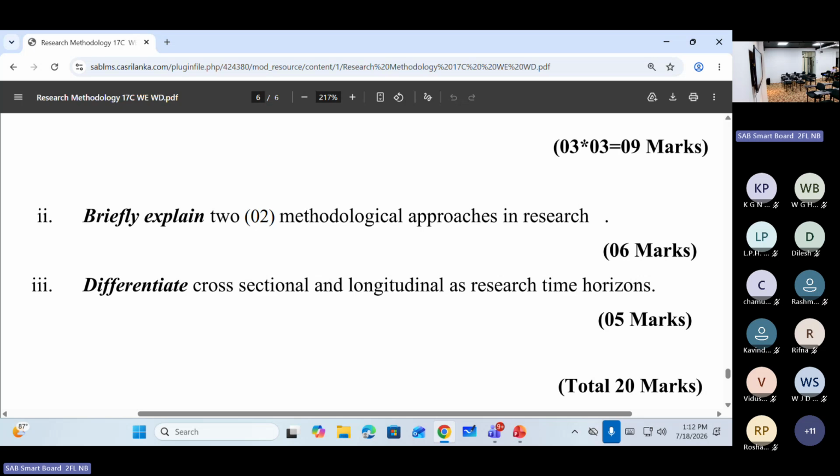Okay. Now, this is the longitudinal study. You write it, let us know, so then we will start the discussion. Time series. Sorry, not time series.